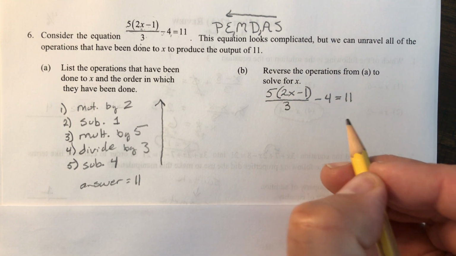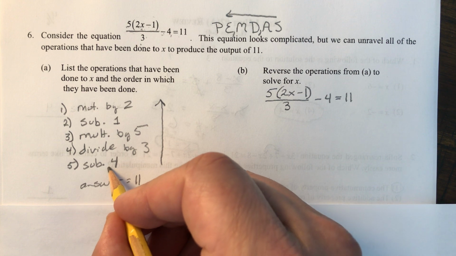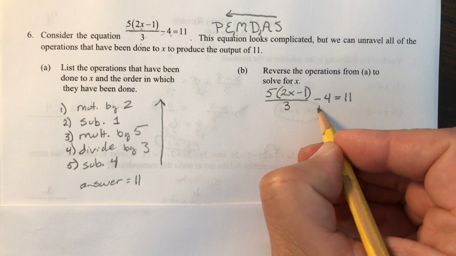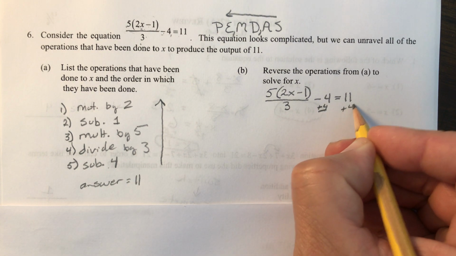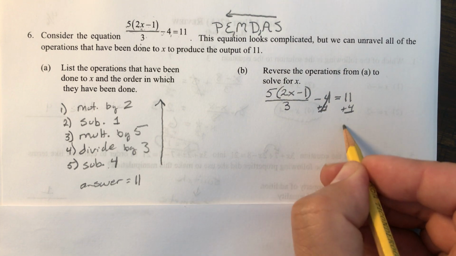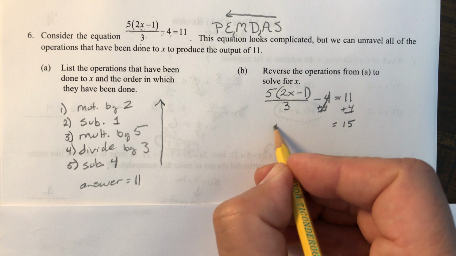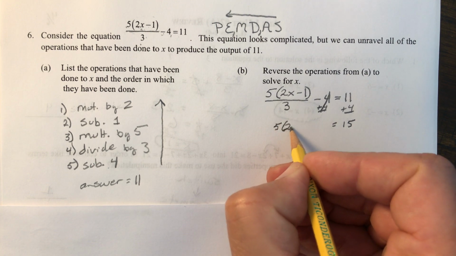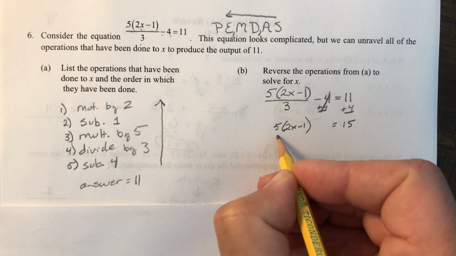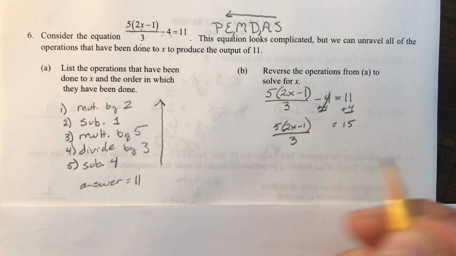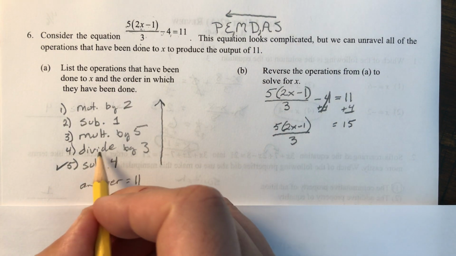So the first thing we're going to reverse is subtraction of 4. Well, the reverse of subtraction of 4 is add 4. So I'm getting 15, and then I have just a copy, no work here, just rewrite it. Okay, did it.